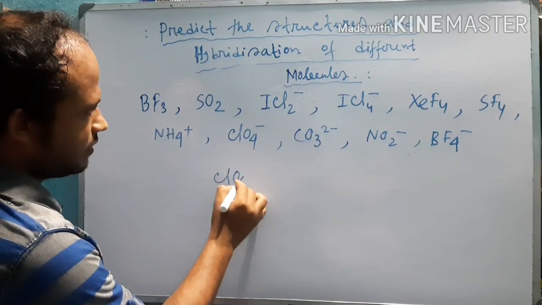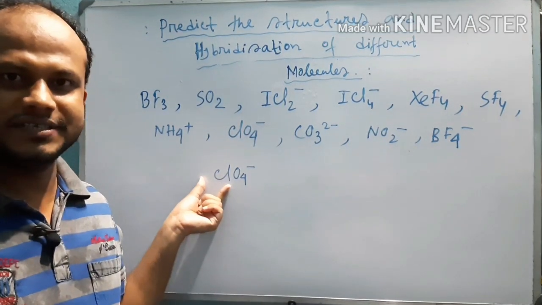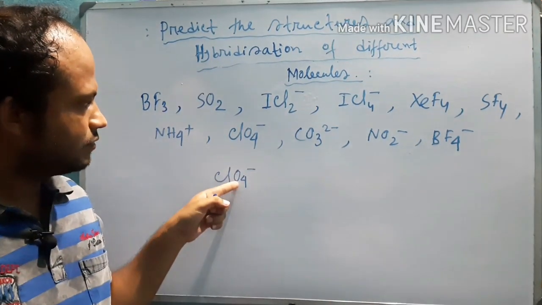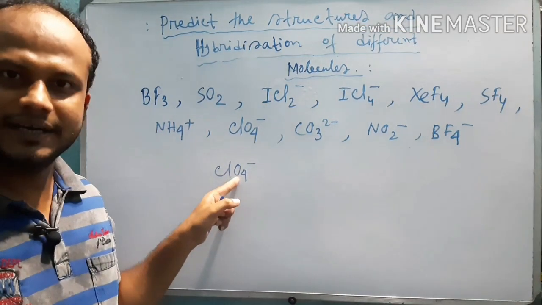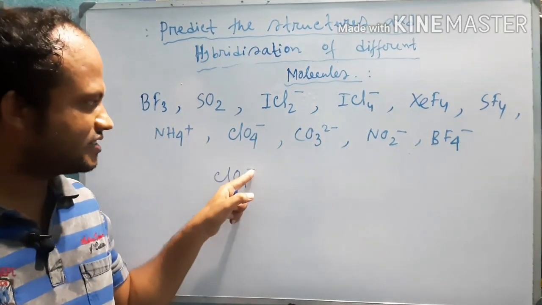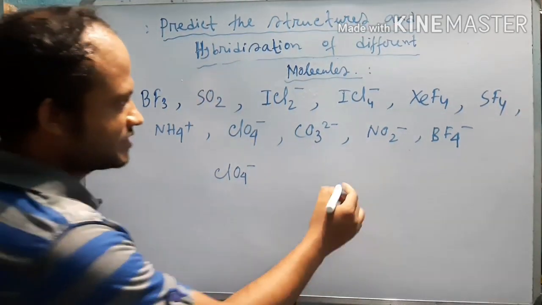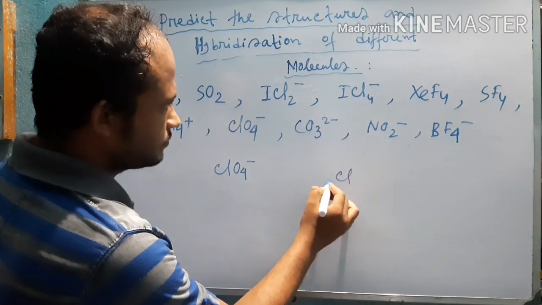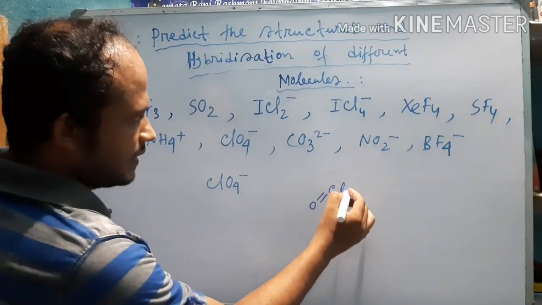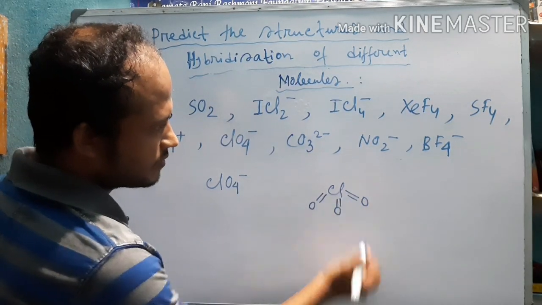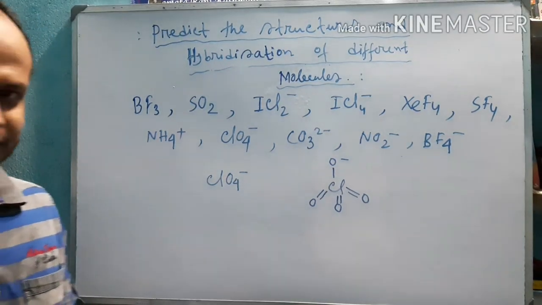Next, ClO4 minus. The valence electron number of Cl is 7. 4 oxygen atoms are attached with this. Since the electronegativity of oxygen is higher than chlorine, the minus charge is on 1 oxygen atom, and the structure will be this: 2 oxygen atoms, and this is 1 oxygen atom and the another oxygen atom with 1 minus charge.